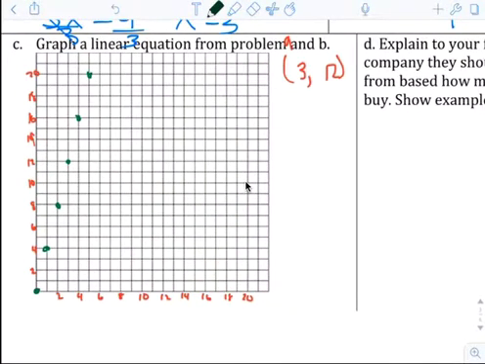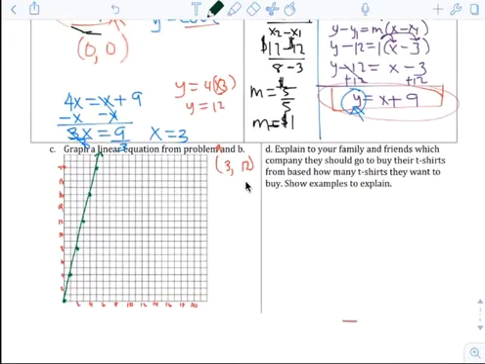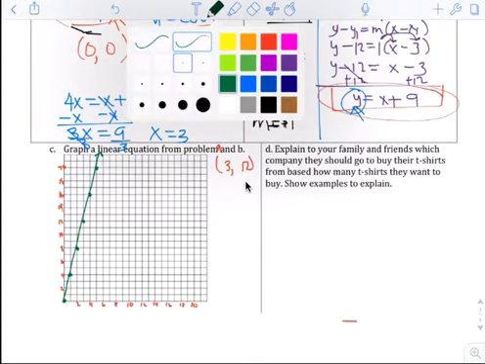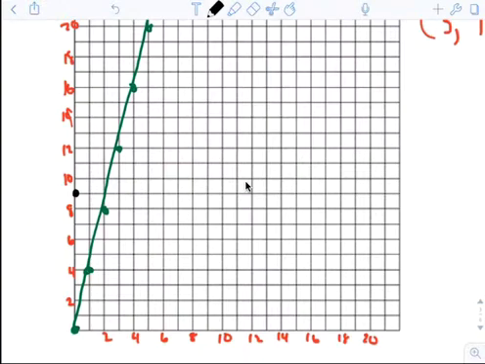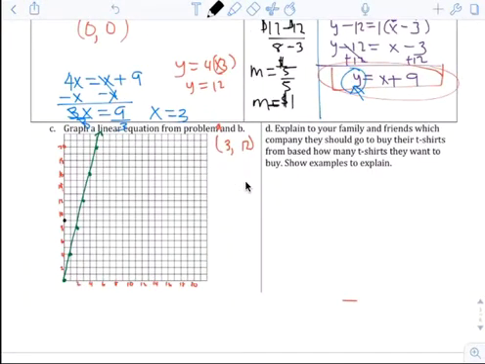Run out of room. Well, it may work. And then the other one starts out at 9, right here, (0, 9), the y-intercept.